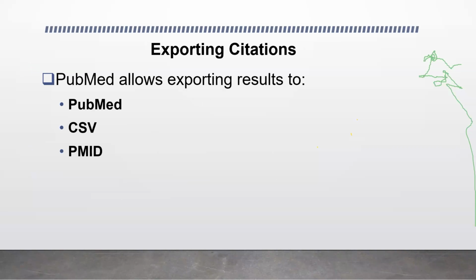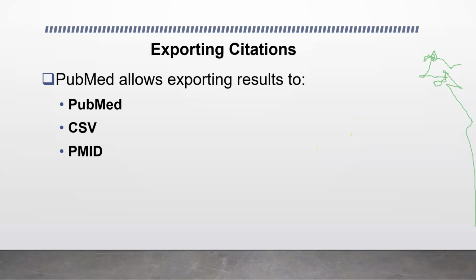And then you can export the search results. PubMed allows you to export search results, and especially for systematic reviews, it is mandatory that after you have done your search, you export the citations so you can go further with other procedures like screening and so forth.